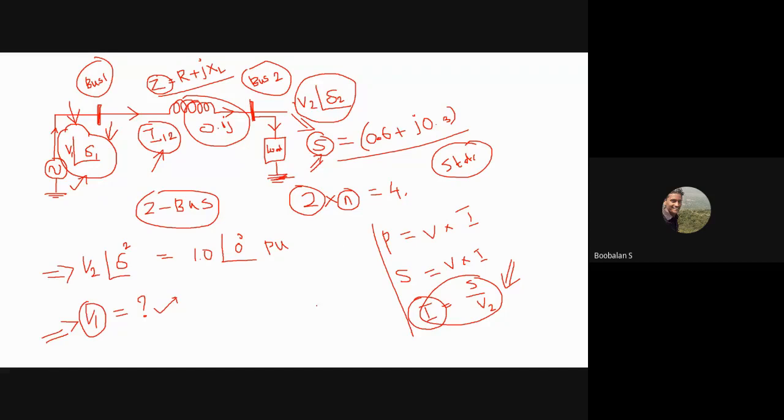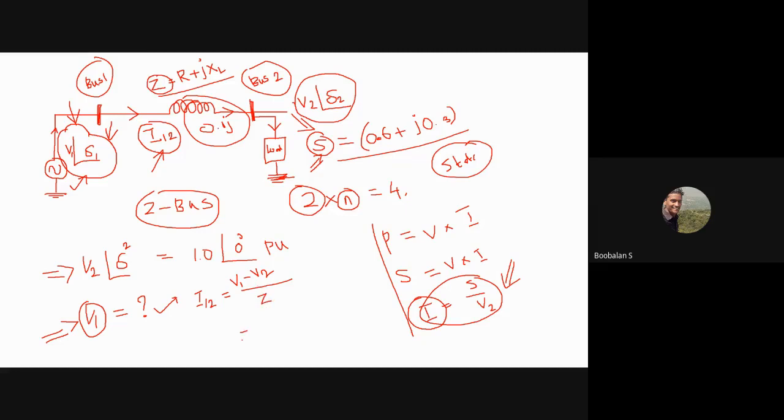For example, to calculate I, I is equal to V by R. But here we have two voltages, V1 and V2, so we take the difference, V1 minus V2, and instead of R we use the impedance.